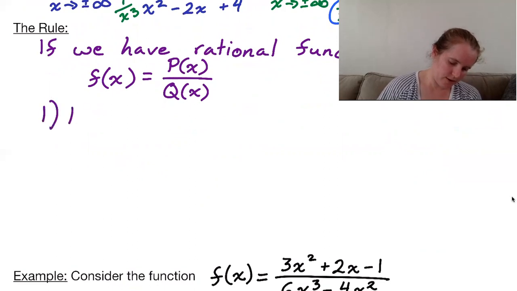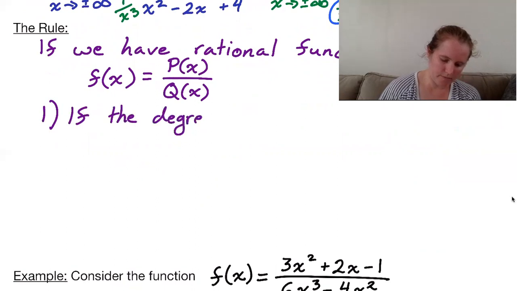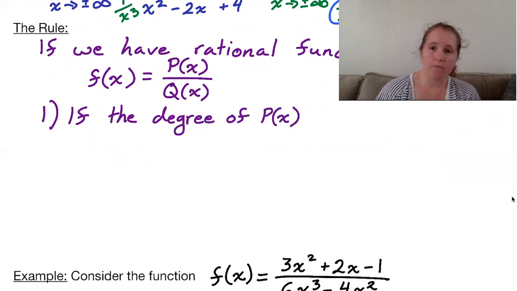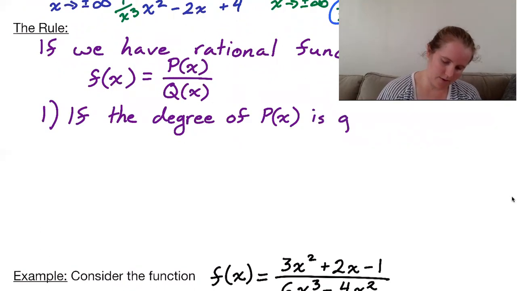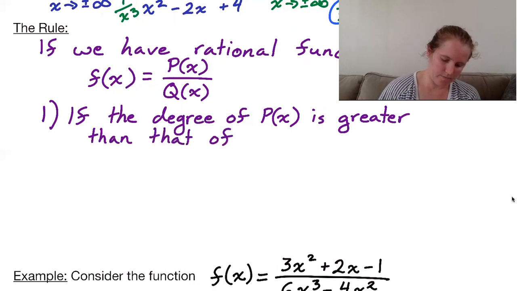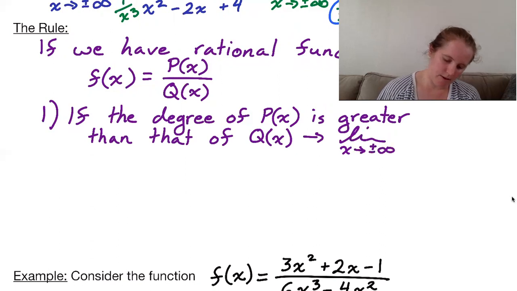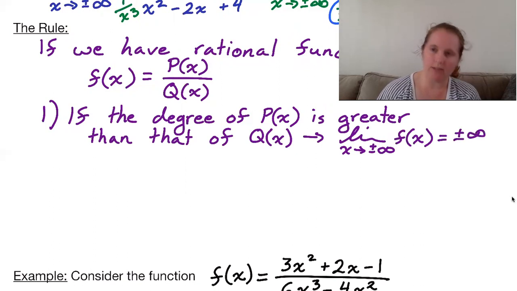First, if the degree of p of x is greater than the degree of q of x, then the limit as x goes to plus or minus infinity of f of x will go to either plus or minus infinity.